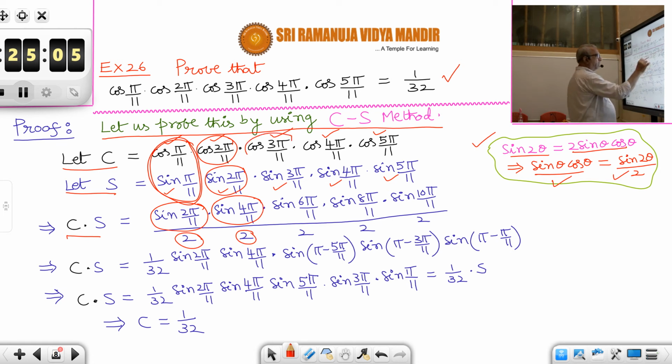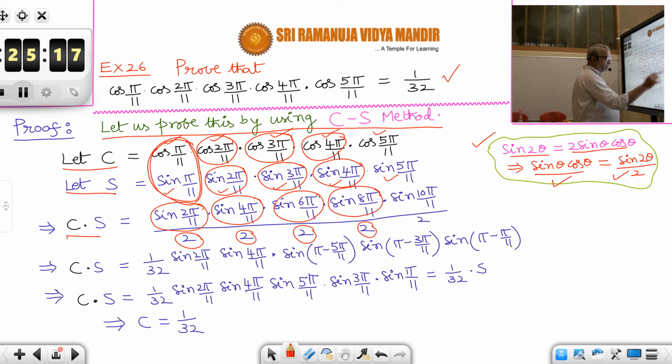Similarly, cos 3 pi by 11 into sin 3 pi by 11 is sin 6 pi by 11 by 2. Cos 4 pi by 11 into sin 4 pi by 11 is sin 8 pi by 11 by 2. Cos 5 pi by 11 into sin 5 pi by 11 is sin 10 pi by 11 by 2.